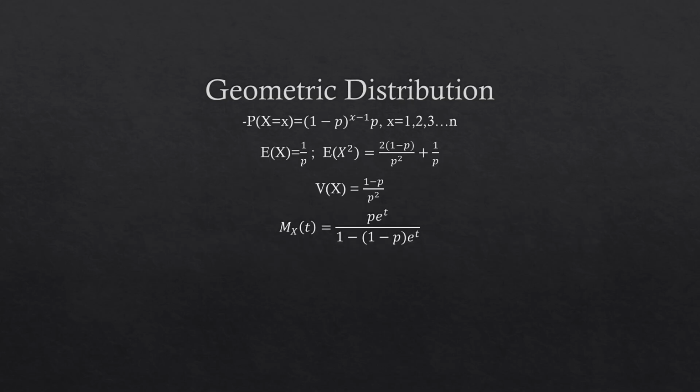So our formula is going to look a lot like the Bernoulli distribution from the beginning of the video, but instead it's going to be 1 minus p to the x minus 1 this time, and it's going to be multiplied by just p. And again, we have our expected value, our second moment, and our variance there, along with our moment generating function.